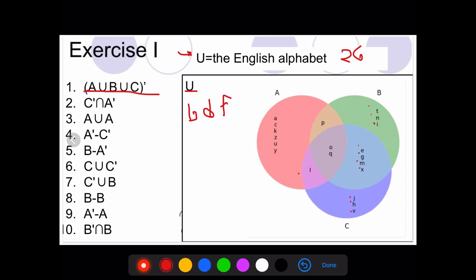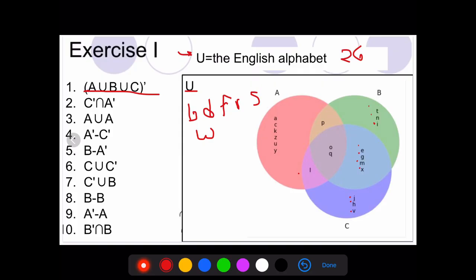F. G. H. I. J. K. I don't see an L. There's the L. M. N. O. P. Q. I don't see an R. I don't see an S. T. U, V. I don't see a W. X, Y. This should be it. Z. Okay, so 1, 2, 3, 4, 5, 6. So I've got them all.